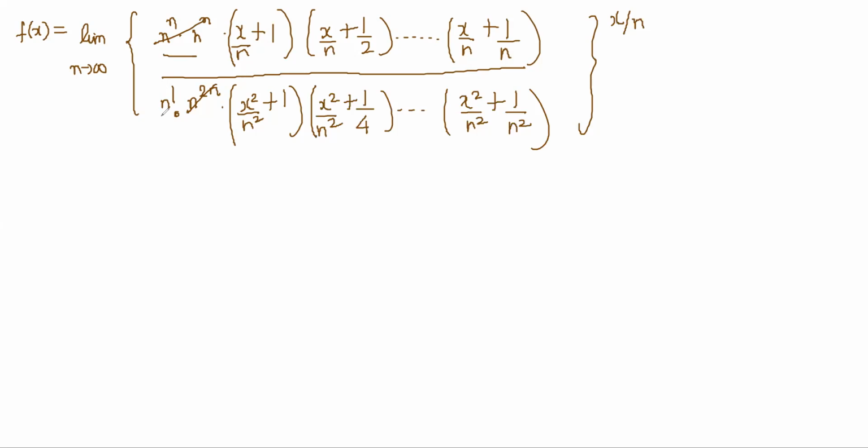n factorial can be split as n minus 1 and so on. So what will you do about the factorial?